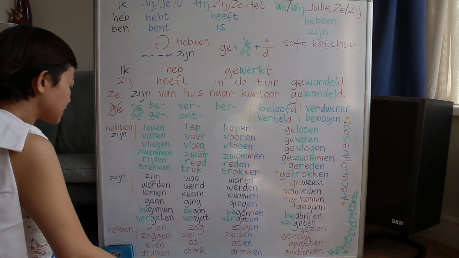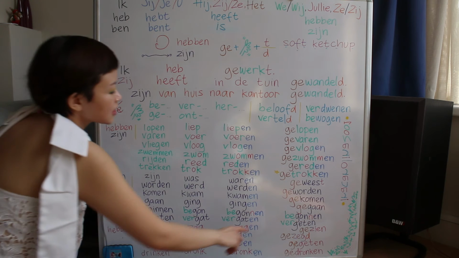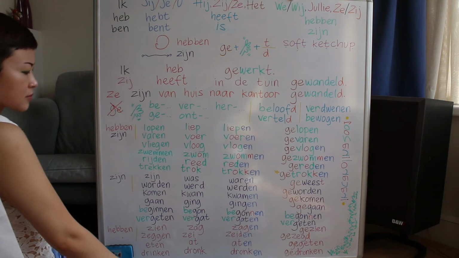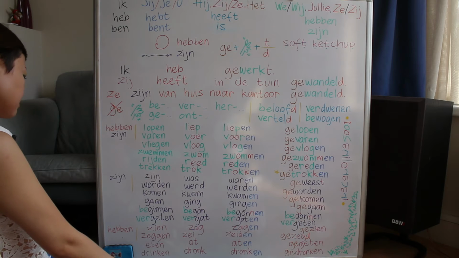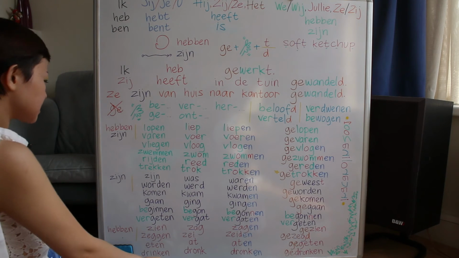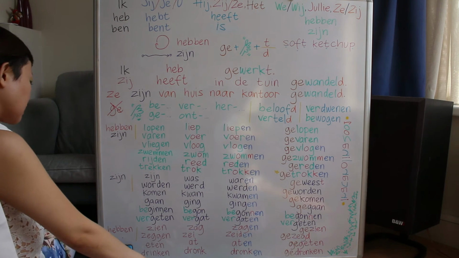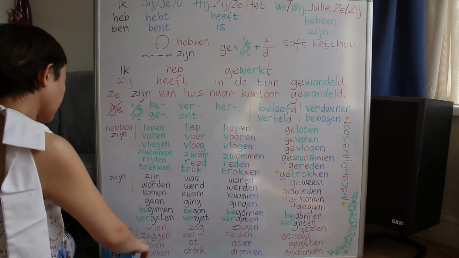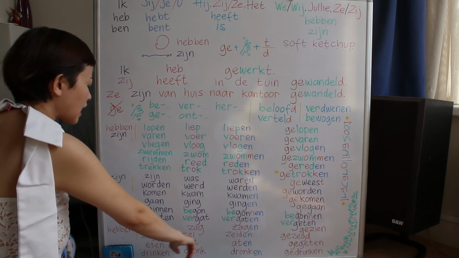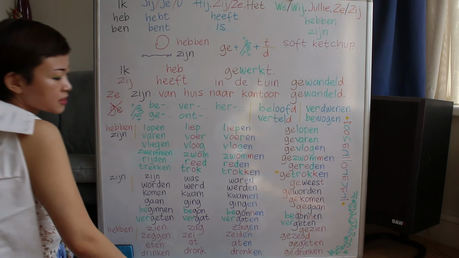Zeggen, zei, zeiden, gezegd. Said, say, said, gezegd. Eten, at, aten, gegeten.